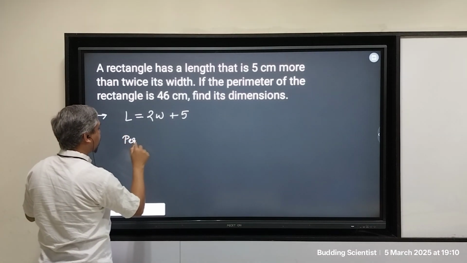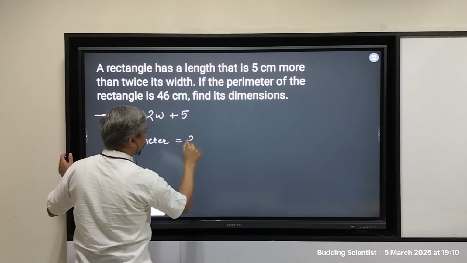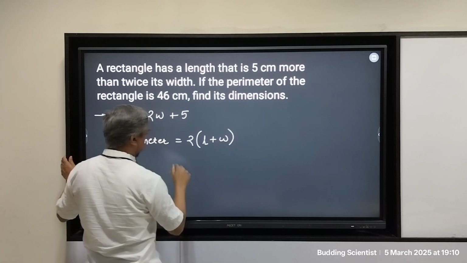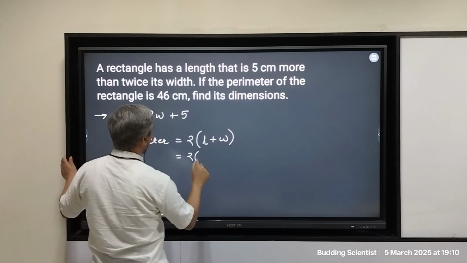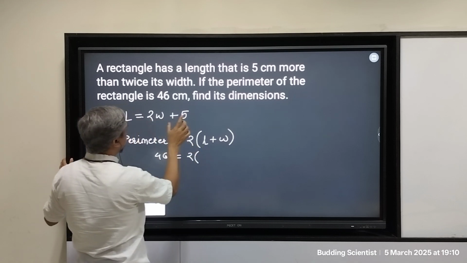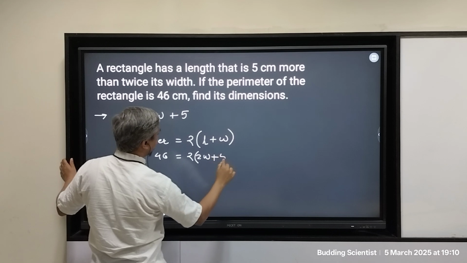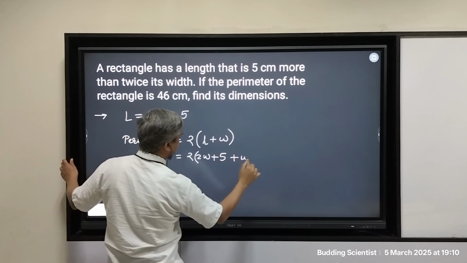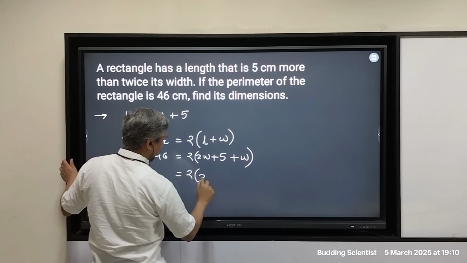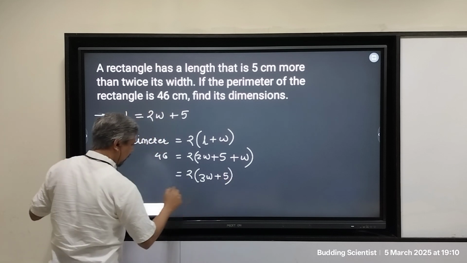Perimeter is equal to 2 into bracket length plus breadth, or length plus width. This is equal to 2 into bracket. Perimeter is 46. 2 into bracket L is equal to this value. Put this value 2W plus 5 plus W.